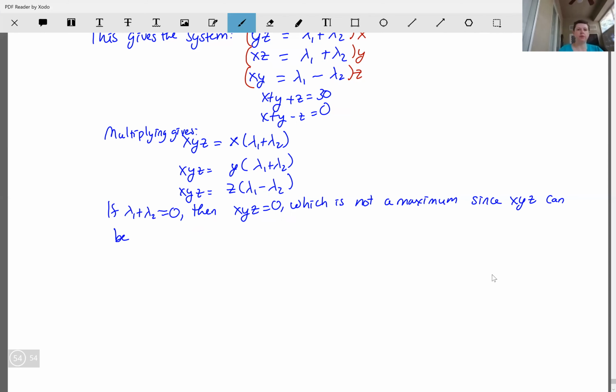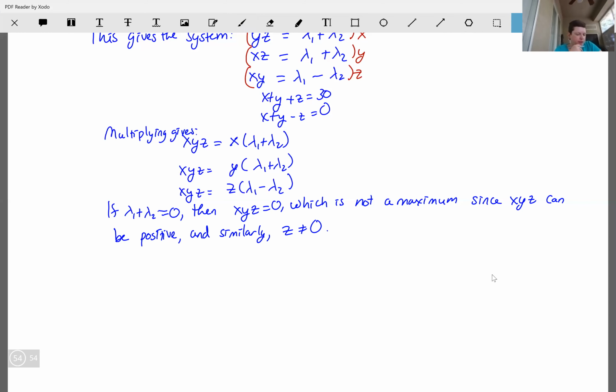But it can be positive. And similarly, we can say that z is not equal to 0, by a similar argument.